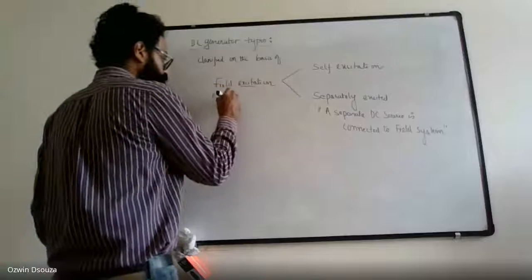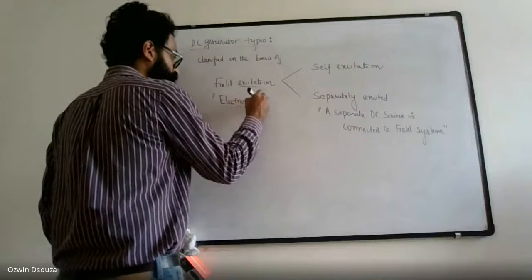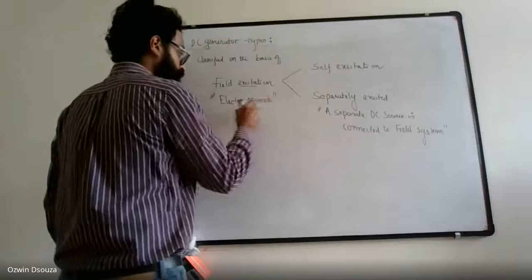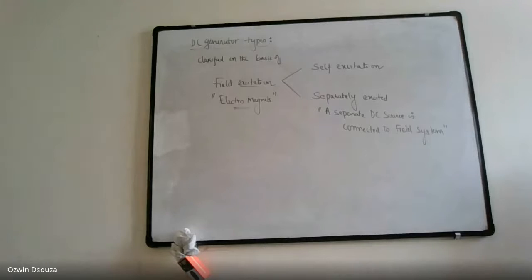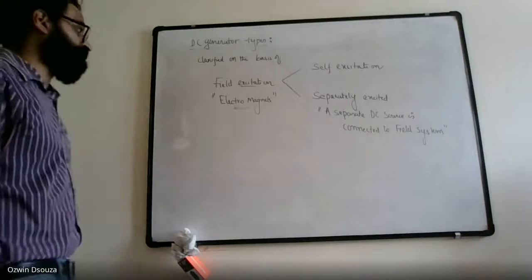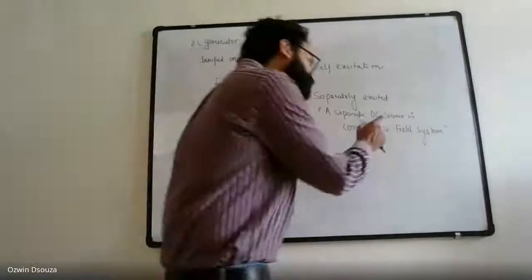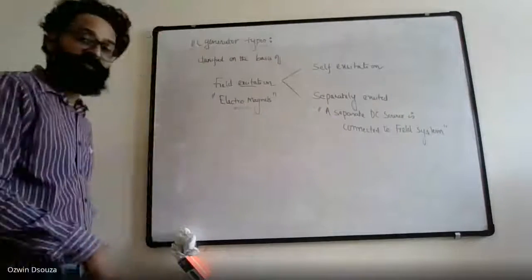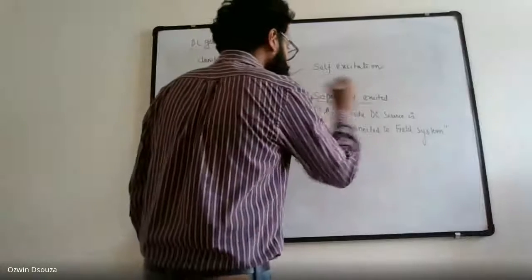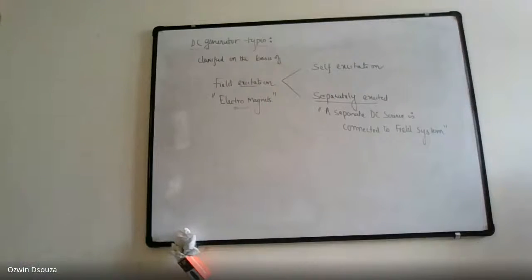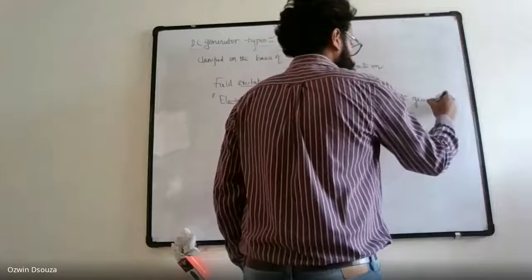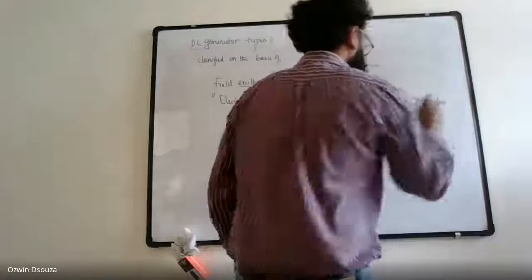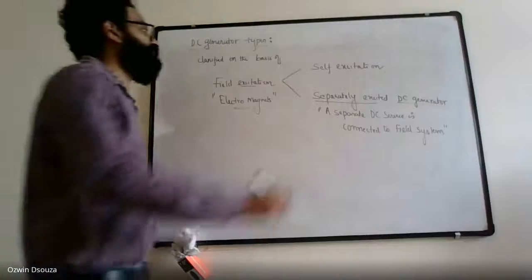Electromagnets require electricity to produce an electromagnetic field, right? So if you connect a separate DC source to the field system, the corresponding generator is called a separately excited DC generator.